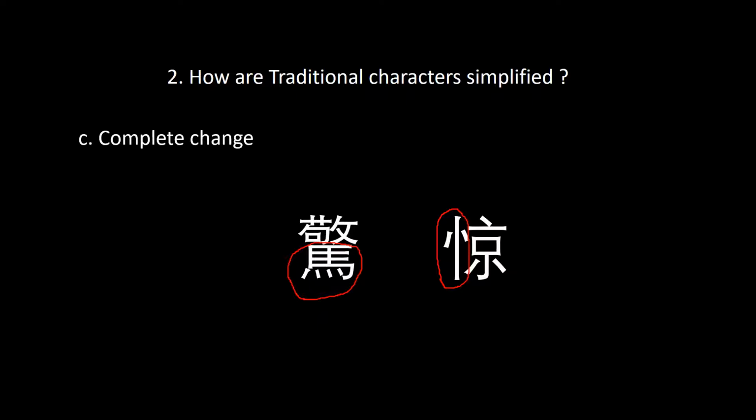It tells you that this character is something related to emotions. And as for this right hand side, this word 京 is probably there to tell you how to pronounce this word. It gives you a hint as to how to pronounce the simplified word.